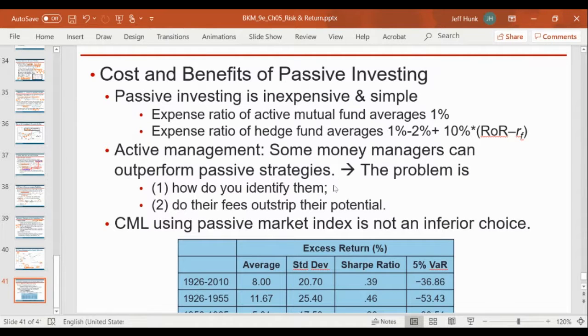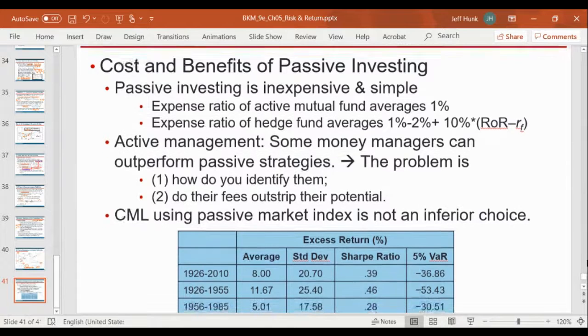They are devoting all their time and effort, so they should beat a passive strategy. But over and over again, it's not like that. And the problem is, how do you identify them? And do their fees outstrip their potential?